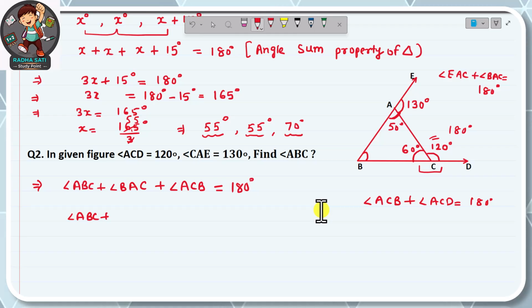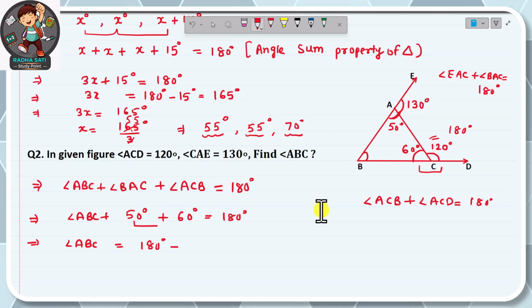Angle BAC we just found is 50 degrees and angle ACB is 60 degrees. So angle ABC will be equal to 180 degrees minus 50 plus 60. We will get 110, so 110 degrees, that means 70 degrees. So the measure of angle ABC is 70 degrees.